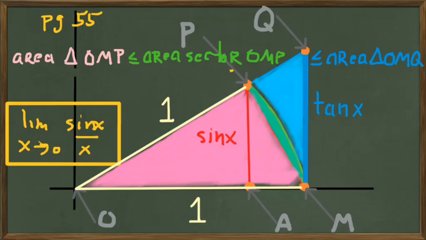Now let's see why this side of the largest triangle is labeled as tangent x. That largest triangle is the triangle OMQ.